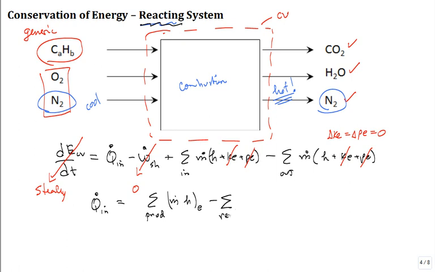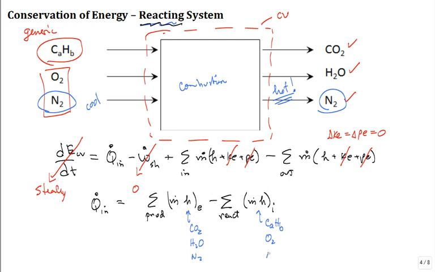The mass flow rate times the enthalpy coming in. At this point, we would stop, we would say, this is great. I need to get the enthalpy of things like the carbon dioxide, the water vapor, the nitrogen is hot, and for the reactants, I need the fuel, CaHb, the oxygen, and the nitrogen.